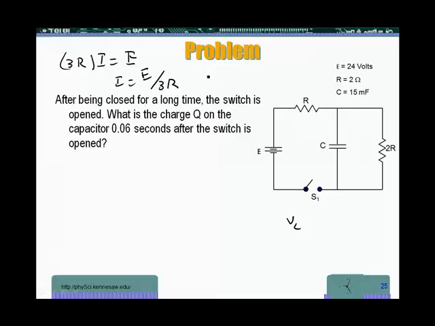That gives us a voltage across the capacitor that's equal to twice R times I, which in this case is 2E over 3, 2/3 of E, in volts.